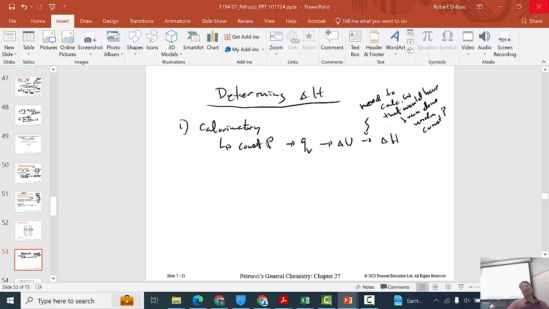And so we have to do a little calculation. This is why knowing the molar volumes is very useful, because then we can do work calculations much faster. So that's constant pressure or bomb calorimetry.